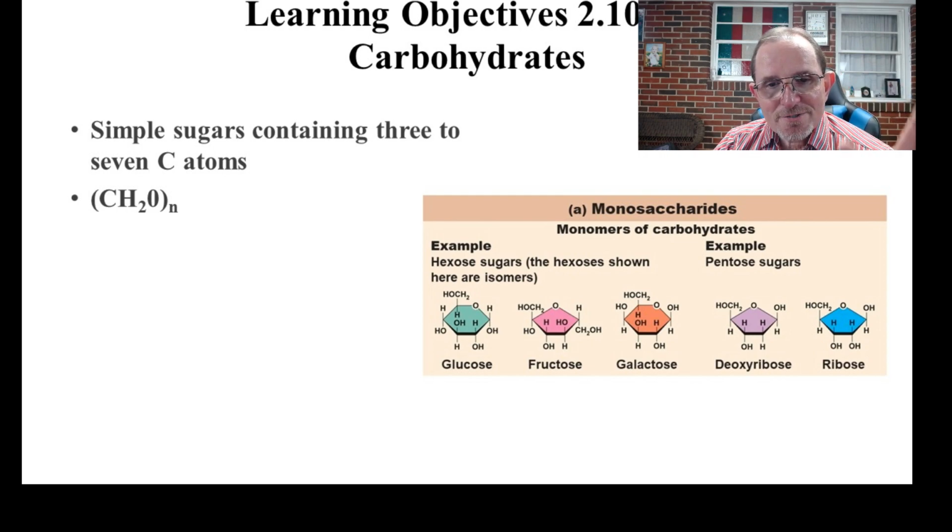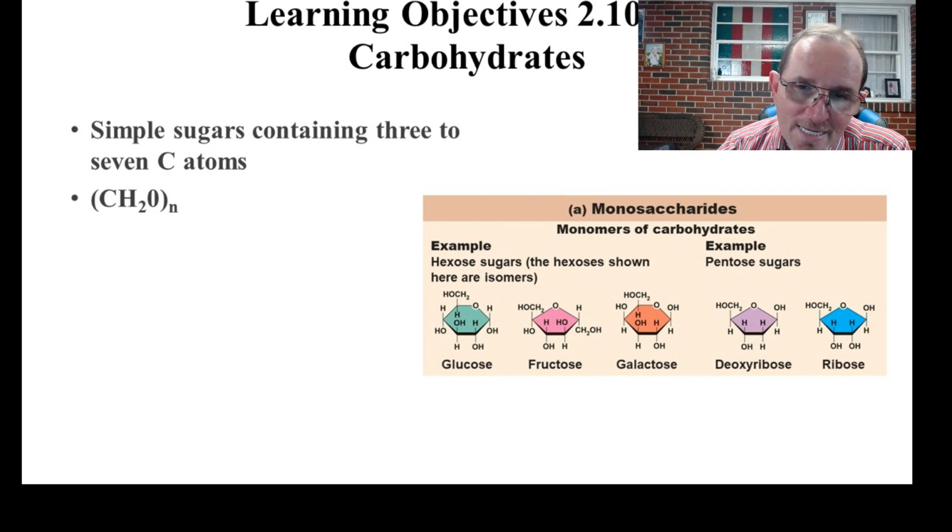Now, fructose, by the way, has the exact same formula, C6H12O6, but they're rearranged. 2 of the carbons are off of the ring. It's still a hexose sugar. Fructose, is this the kind of stuff you get in fruit? Yep, that's it. And then we got galactose, which is another hexose sugar. These are all simple sugars.